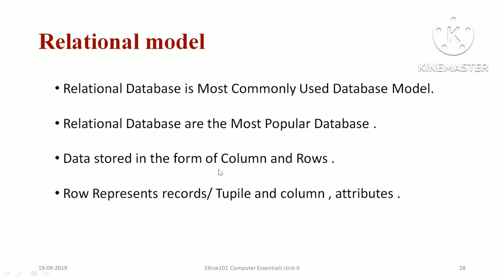As we know, in a table the data is always formed in columns and rows. Rows represent records, or we can say tuples, and columns represent attributes. And there are also some reasons why it is more effective than other databases.